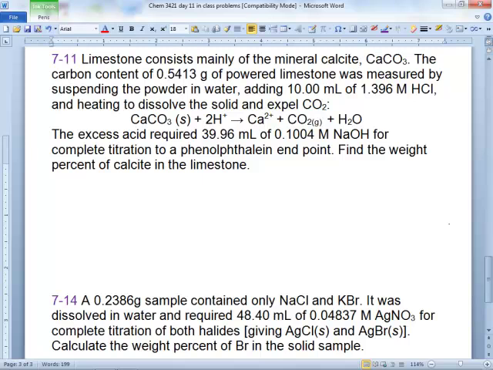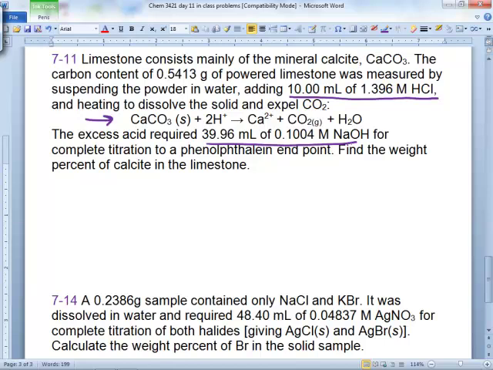So you added some HCl, right? And it reacted with the calcium carbonate, right? By this reaction right here. Okay? But you must have added way too much because, right, there's some left over that reacted with this stuff.